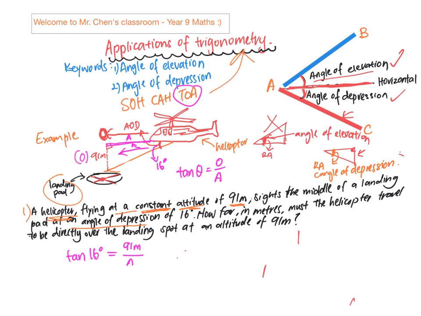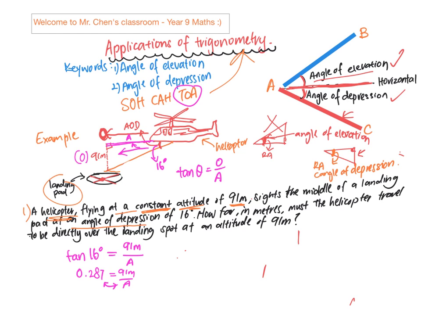What happens there is you need to find out what tangent 16 is. So you put in your calculator tangent 16 equals 0.287, equal to 91 meters over A. Some of you probably know how to swap this around, which I have taught during lesson in our class.